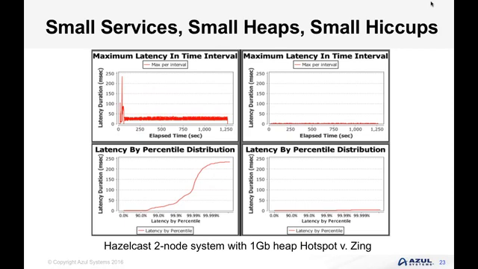Again, looking at the percentile distribution, we get a very flat graph. And that's using a 1 gigabyte heap. So we're not talking about tens or hundreds of gigabytes. This is a 1 gigabyte heap, and we get the same effect in terms of improving the efficiency regarding latency.